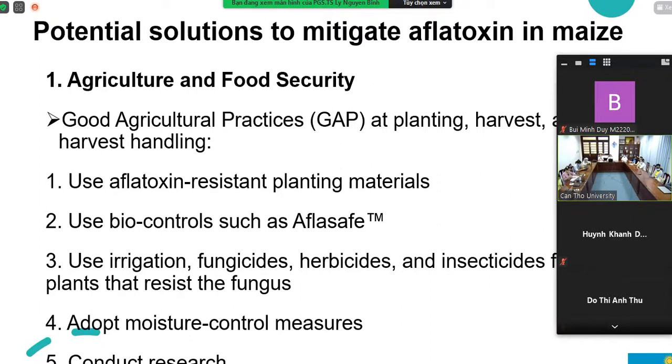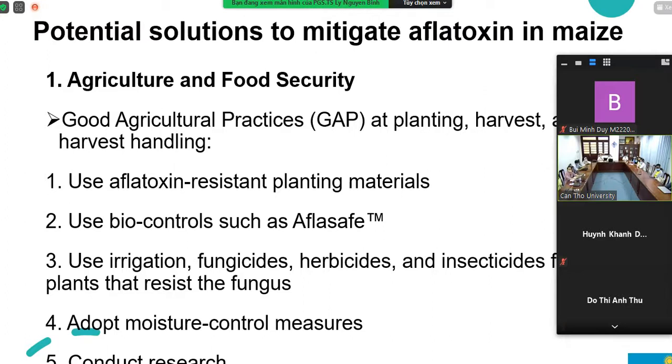We are trying to use aflatoxin-resistant planting materials. There is the use of biocontrols such as Aflasafe. There is the use of irrigation, fungicides, herbicides, and insecticides for healthier plants that resist fungus. There is the adoption of moisture control measures and the conduct of research.